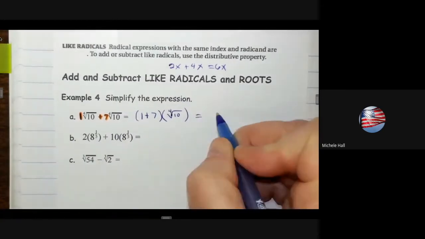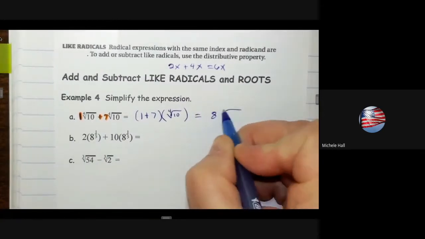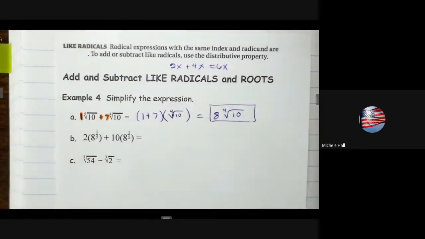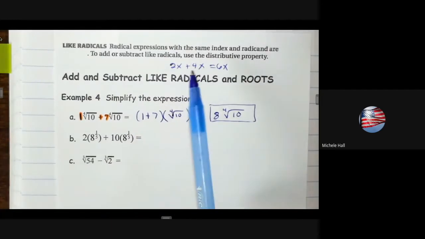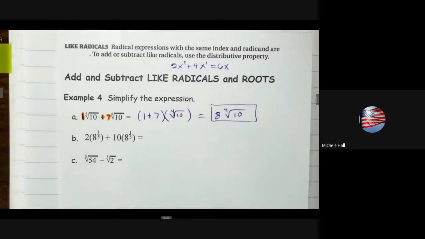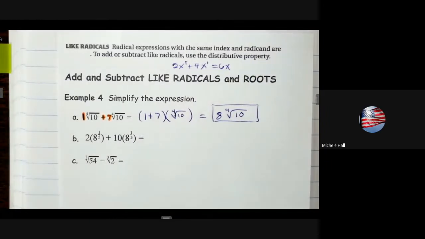So we get 8 4th roots of 10. Final answer. It's exactly like adding variables that have exactly x to the 1, x to the 1. I know that I can add those coefficients.